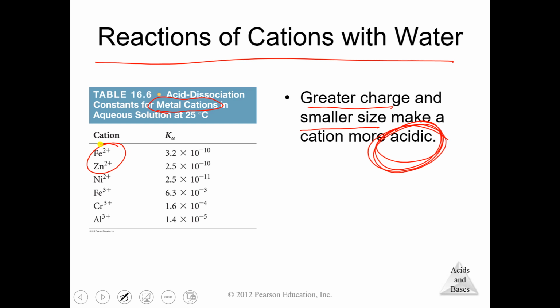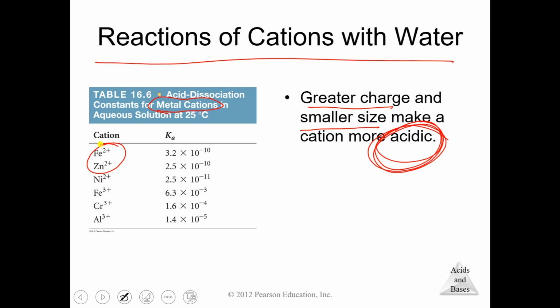If you look on your periodic table, you will see that iron is to the left of zinc, which is further to the right. If you remember your periodic trends, as we go from left to right on the periodic table, we do have a decreasing size.